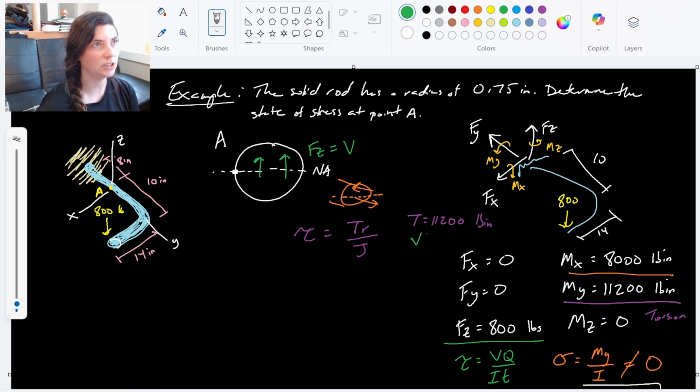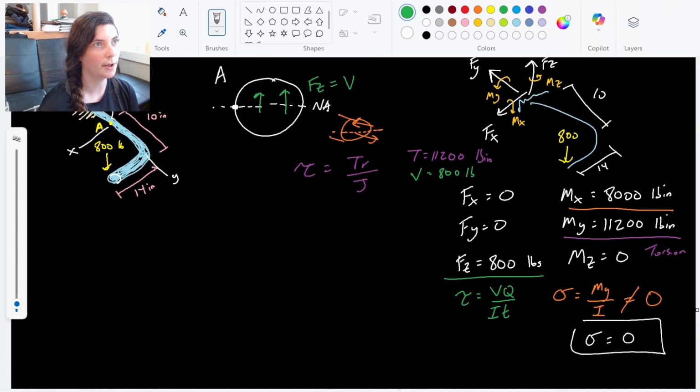So now what we need to do is go ahead and find all of our other cross-sectional properties so that we can solve for these two shear stresses. We've got our little area there. We know that area. Let's take a look at the cross-section again. We need that Q value.